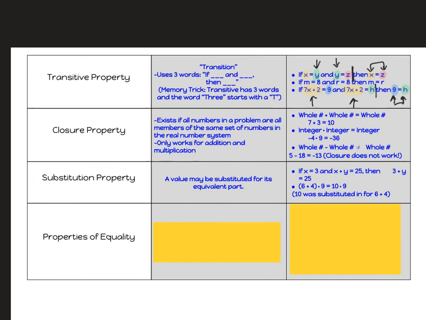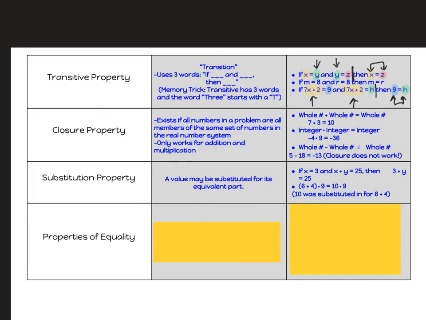And if you were to solve that, you would realize that y is equal to 22. Okay, so since we know the x, we can just go ahead and plug it in, substitute it in. The second example, the problem has parentheses 6 plus 4 and then multiplied by 9, and so we substituted that 10 in for the 6 plus 4 because we know that 6 plus 4 equals 10.